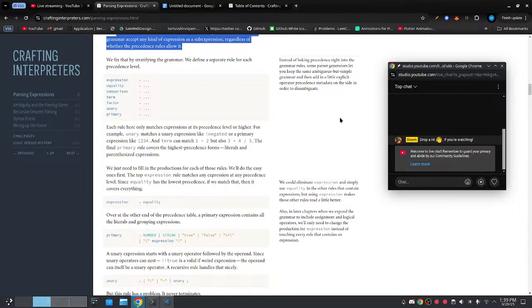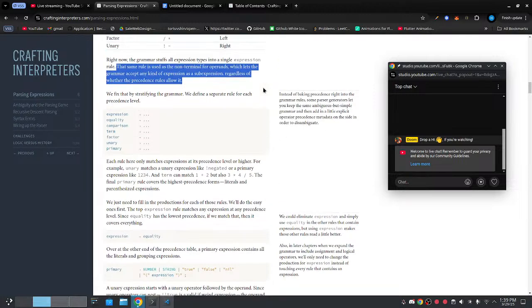A term can have plus 2, but it also has 3 star 4 divided by 5 values.